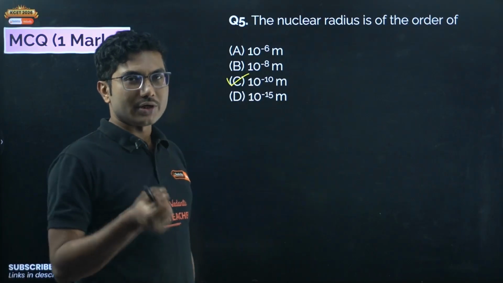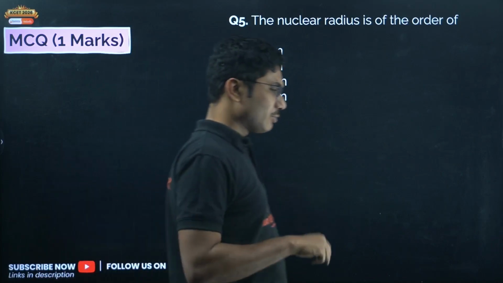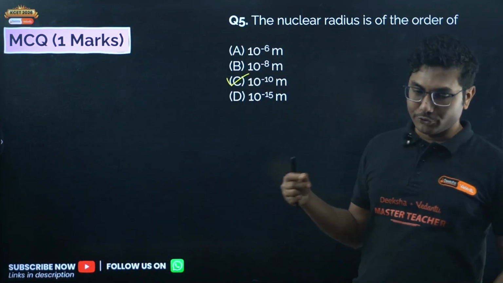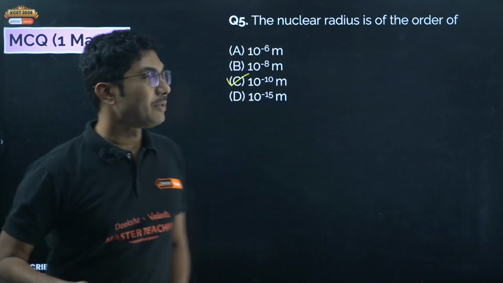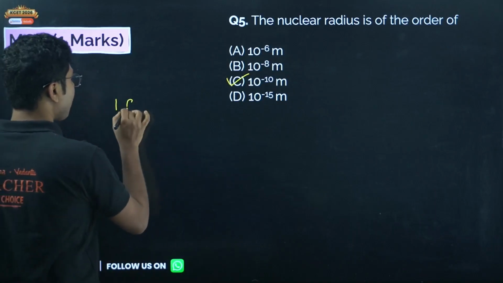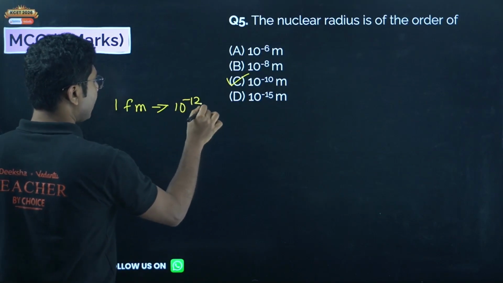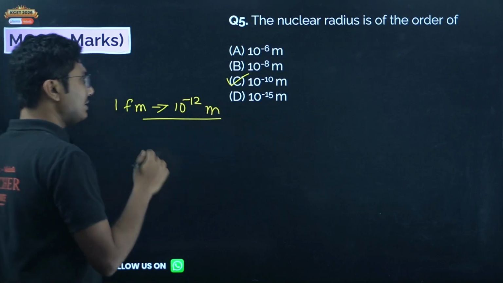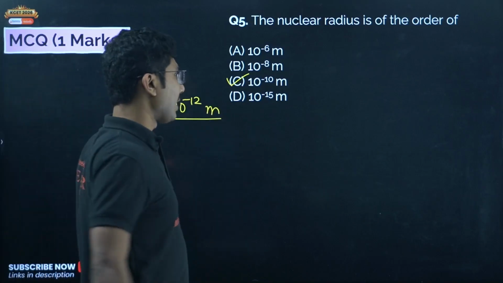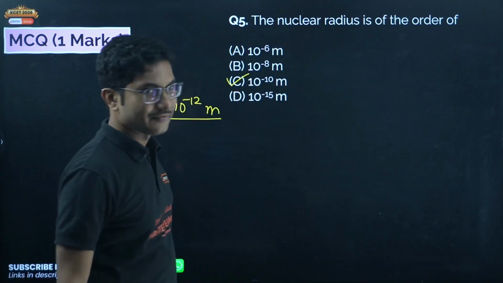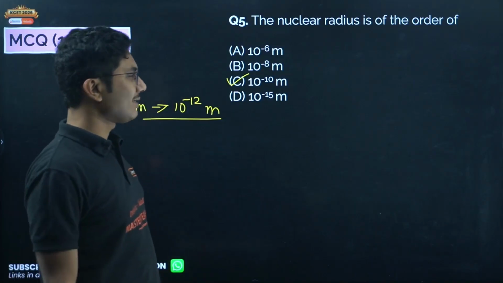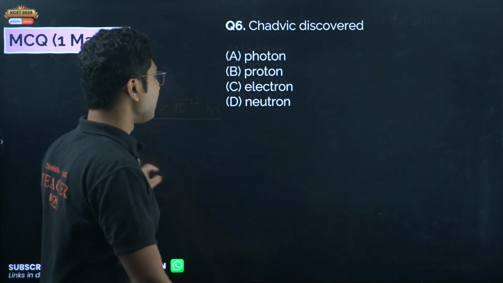In that case the nucleus cannot exist, because smaller than 1 fermi means the force will always be repulsive. 1 fermi means 10 to the power of minus 12 meter. The nuclear radius is greater than this value, and the only option greater than this value is 10 to the power of minus 10, so it is approximately 10 to the power of minus 10 meter.